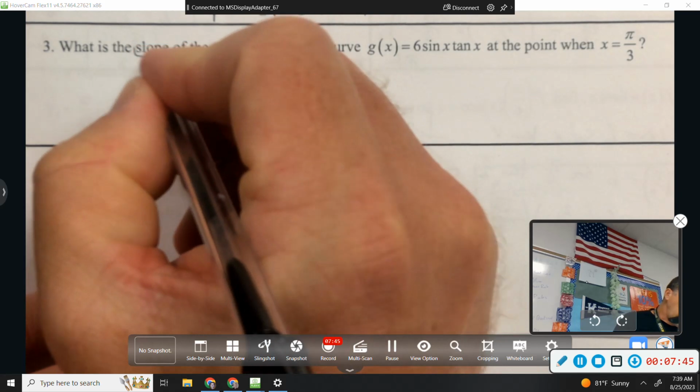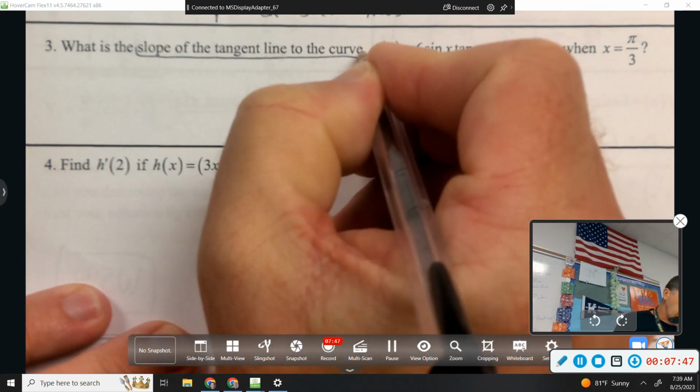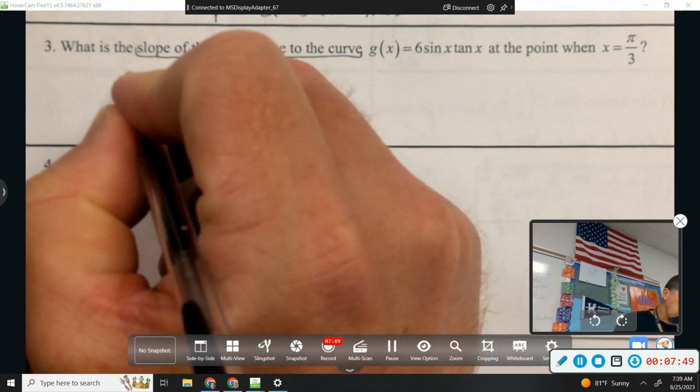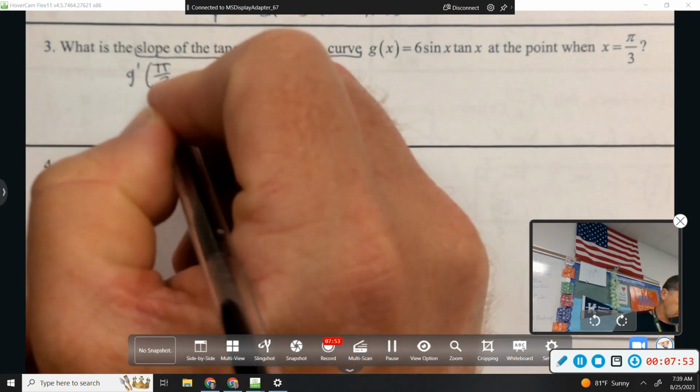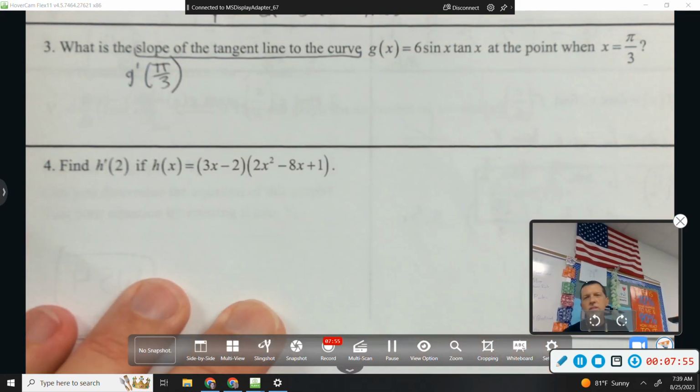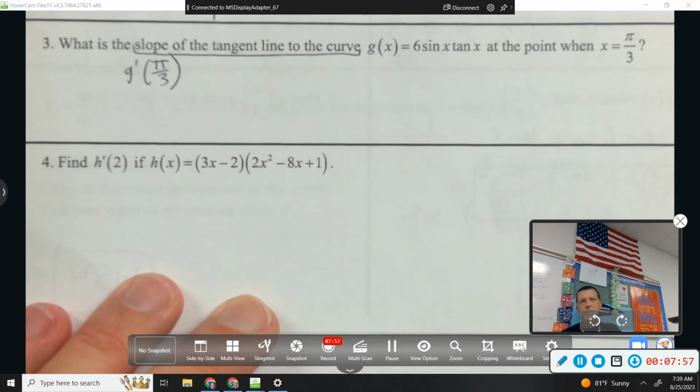Number 3, find the slope of the line tangent to the curve when x equals pi over 3. So at pi over 3. Kind of the same deal. I'll just take my derivative, but then I'll plug in pi over 3 at the end. This one's a little bit different because of that 6.